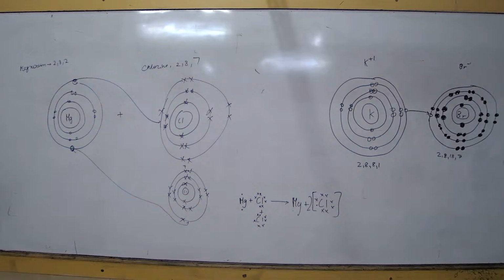Neutrons are the nucleon. 31. Correct. So what will be the correct representation? 31 on top and 15 below.